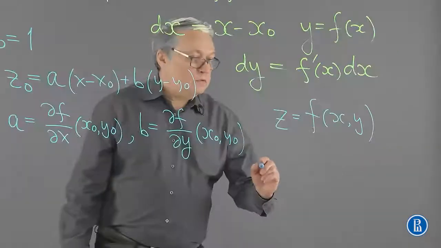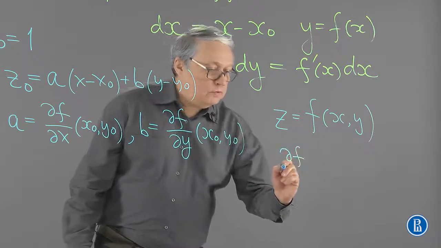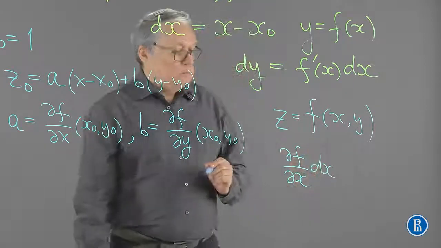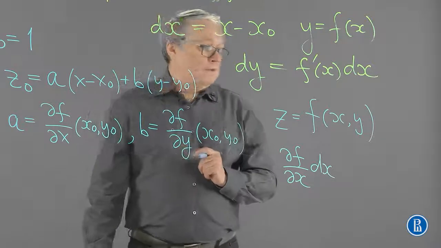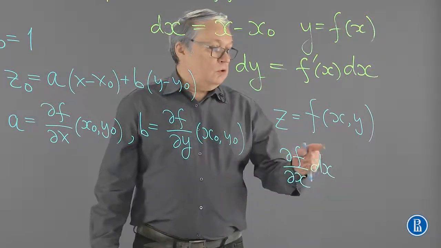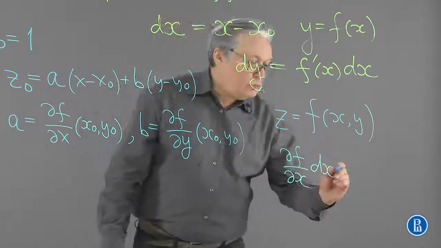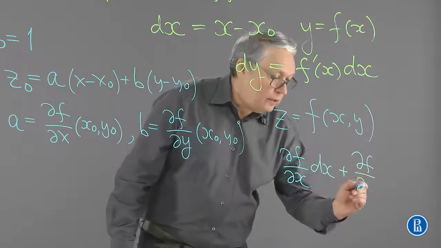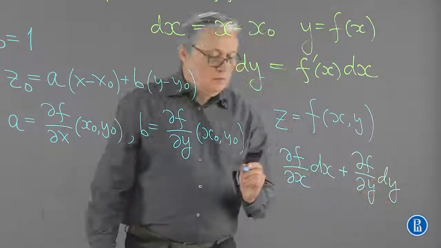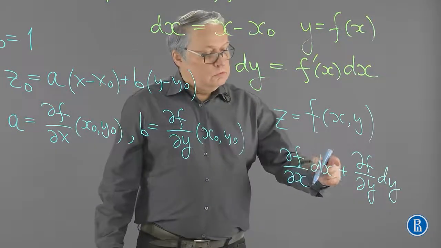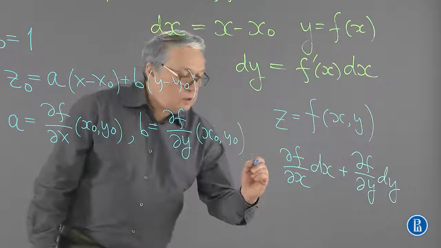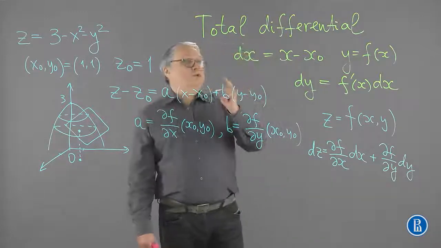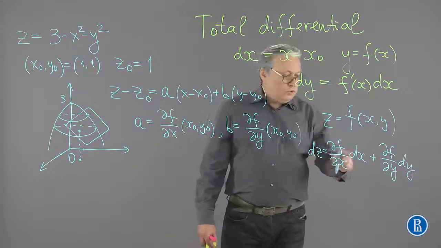Then we have a product of df over dx times dx. But what if we give an increment not only to x but also to y? Then we need to add also the product of df over dy times dy, and the sum of these two terms will give us dz, and we call it the total differential of the function of two variables.